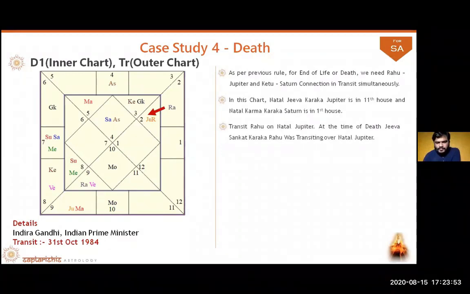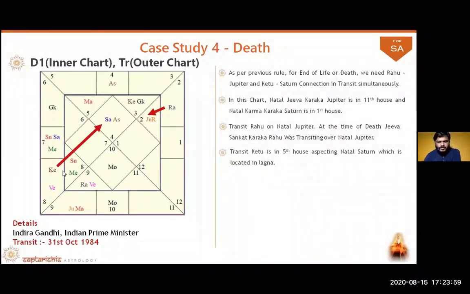Now see the second rule, the Saturn and Ketu rule. Transit Ketu was in Scorpio, and Ketu is aspecting the natal Saturn.